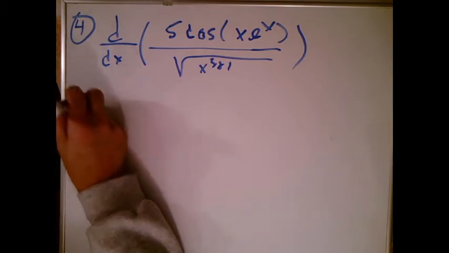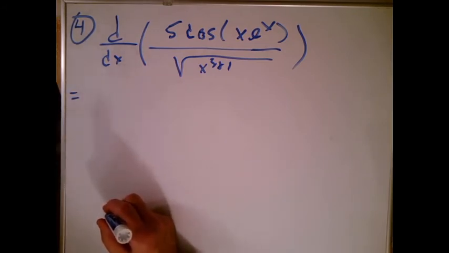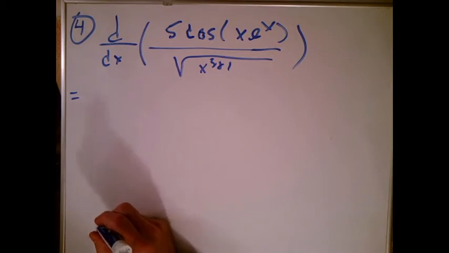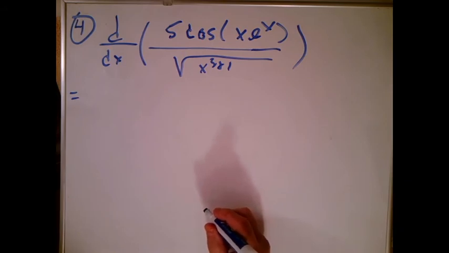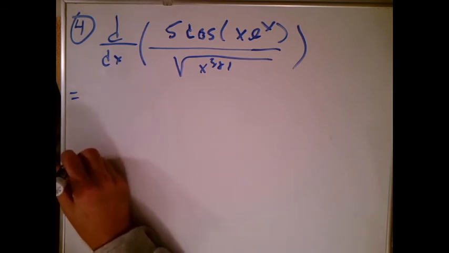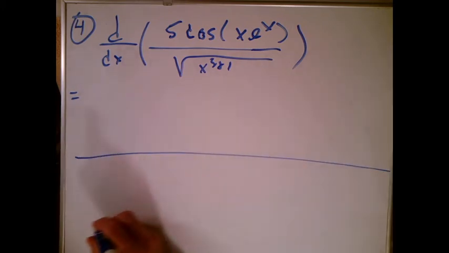Now, remember with derivatives, you don't start from the inside and work your way out. You're not trying to simplify, you're trying to take the derivative. What I see here is a giant fraction, and we know how to take the derivative of giant fractions. It's a big, huge, humongous fraction. I'm hoping I have enough room here. What do we have here?